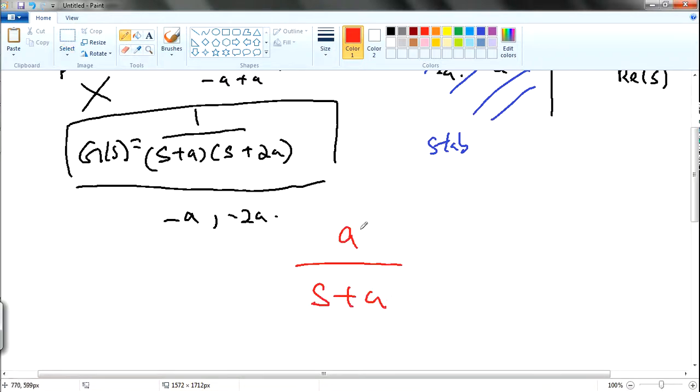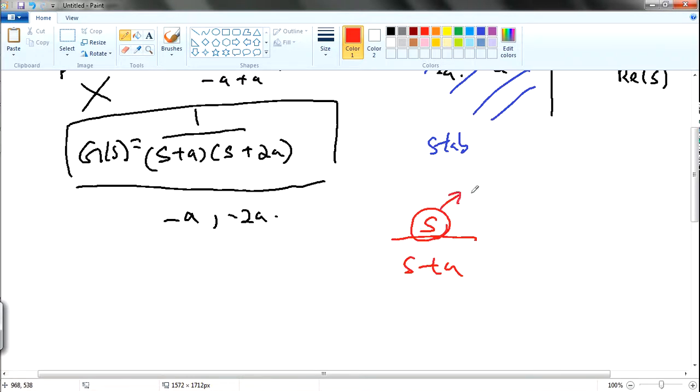So do you see any s in this numerator? No. If there is an s, if let's say our transfer function in this case is this, and this is 0, then everything will become 0.